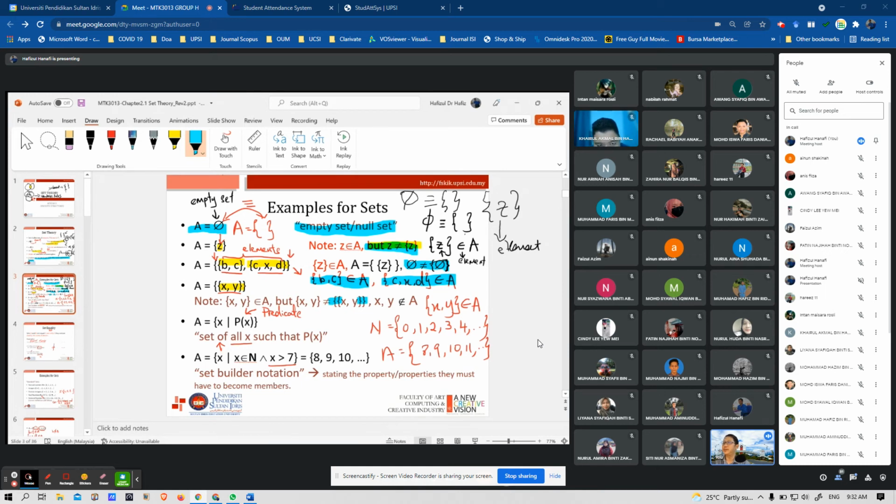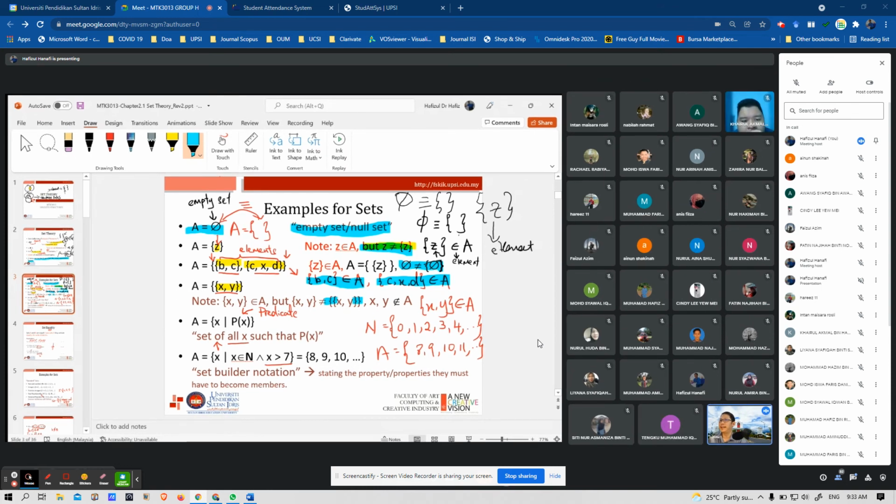Okay, this contains both brackets. So we can see y is not a member of A, but xy is an element, xy is a member of A.